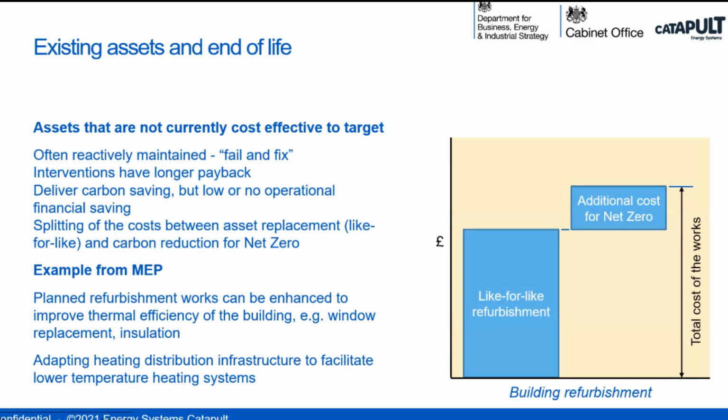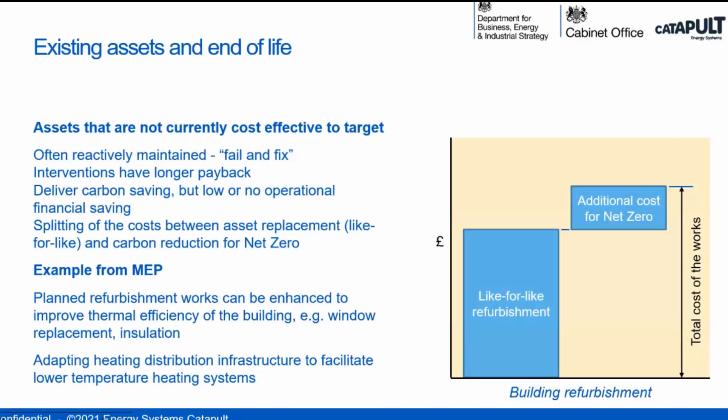And so that also has an influence on the lifetime of the asset, potentially shortening it. So thinking about how to justify those costs for an asset for net zero, and looking at the splitting of those costs between the different, as it were, buckets.